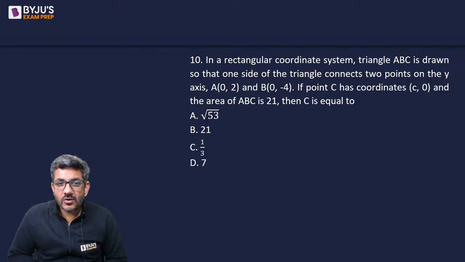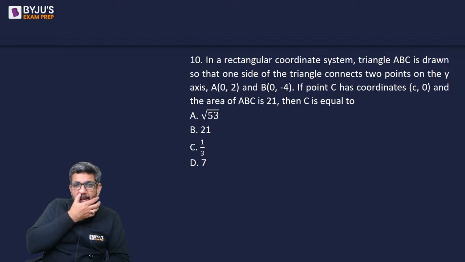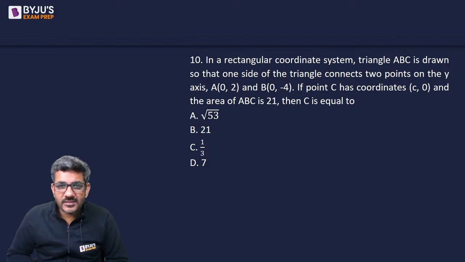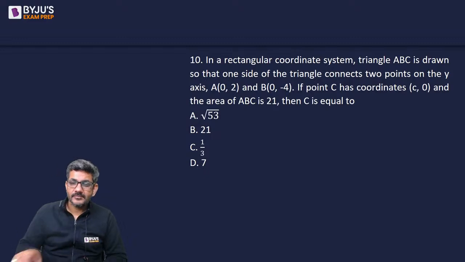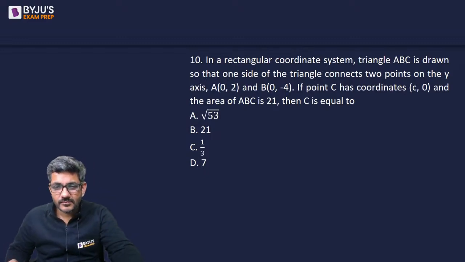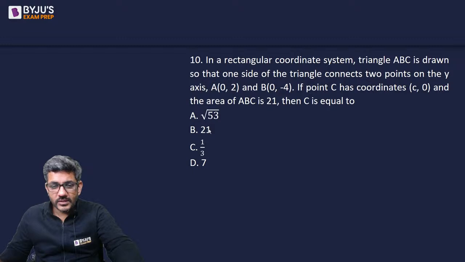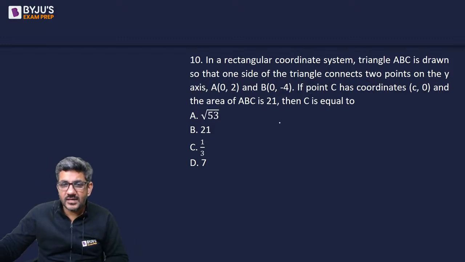In a rectangular coordinate system, triangle ABC is drawn so that one side of the triangle connects 2 points on the y-axis, that is A and B. If point C has coordinates (c, 0) and the area of ABC is 21, then c is equal to what? Music core once again has answered as A. Though it's also a simple question, so let's start solving it.